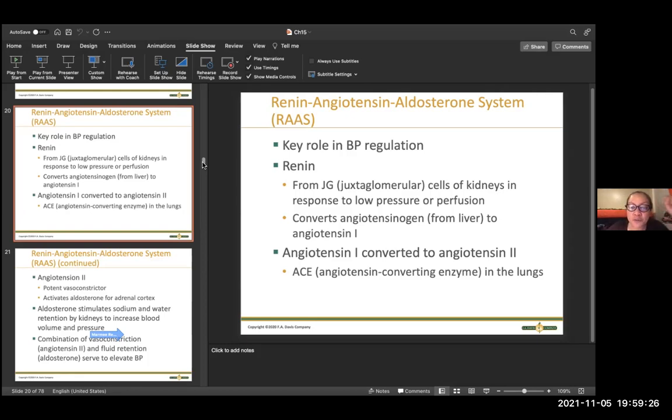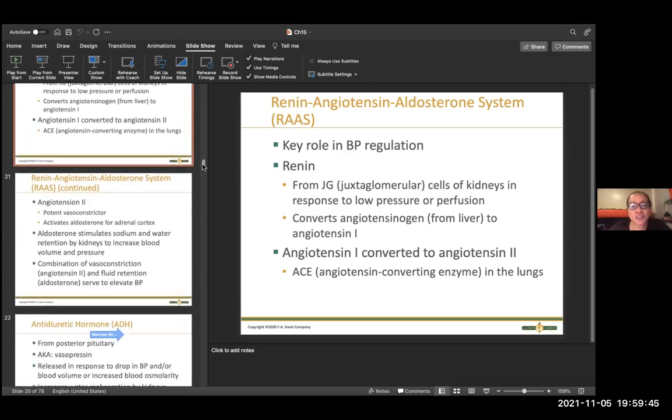It is converted by ACE, angiotensin converting enzyme. Renin is a hormone, but it's also acting as an enzyme. So, here, the angiotensin converting enzyme.